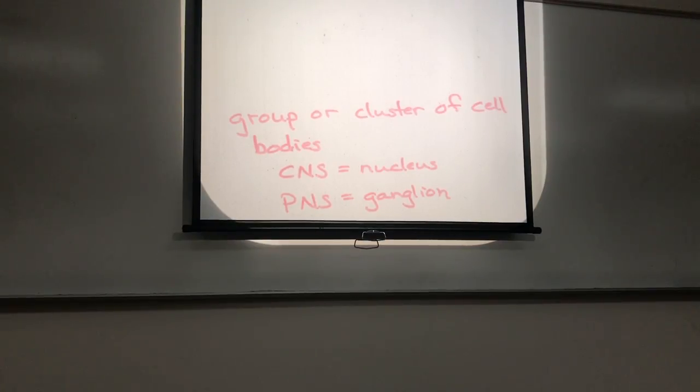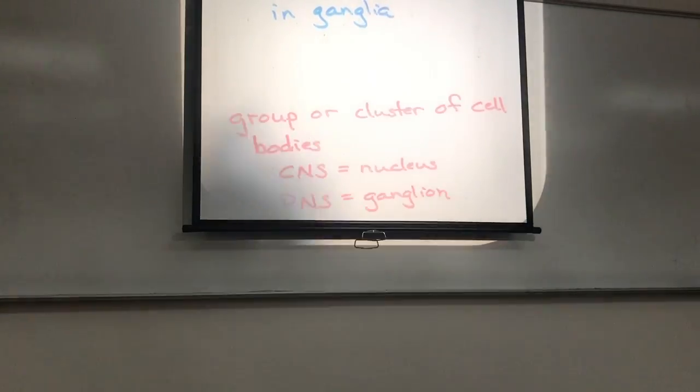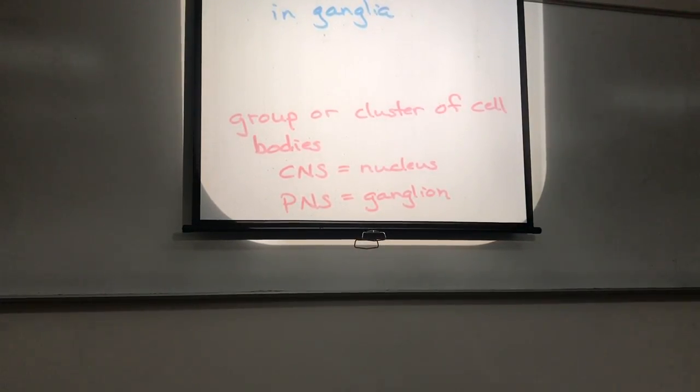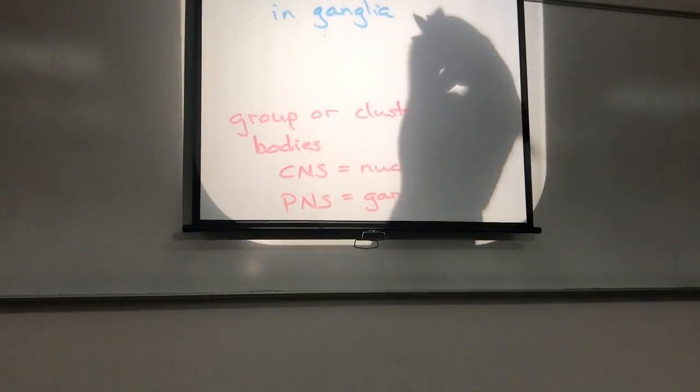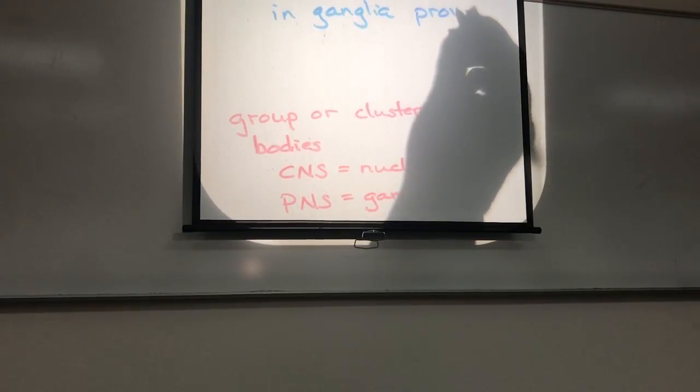Satellite cells are found in the ganglia. And they provide insulation there.